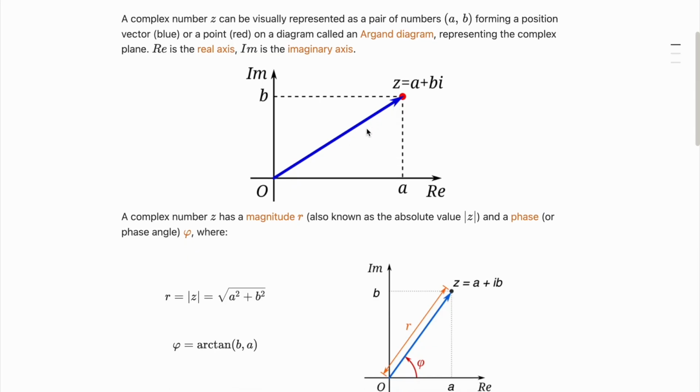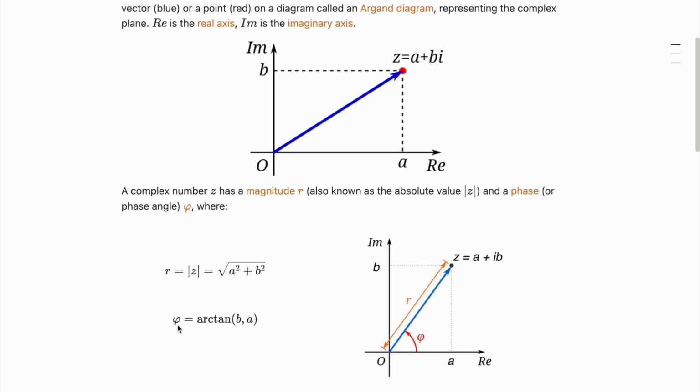So the magnitude r is obtained by taking the absolute value of the complex number, which is done by computing the hypotenuse of this triangle, which is the square root of a squared plus b squared. And the phase angle, or phase phi, is simply computed by taking the arctangent of b over a.